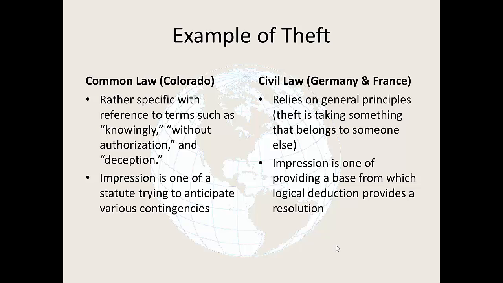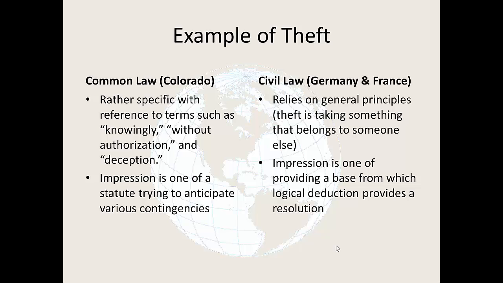So we have a situation where the common law feels the need to be very, very specific, trying to anticipate all the different kinds of consequences or situations in which the law of theft might be violated. The civil legal tradition, on the other hand, leaves it very vague and in some ways almost up to the interpretation of the judge.